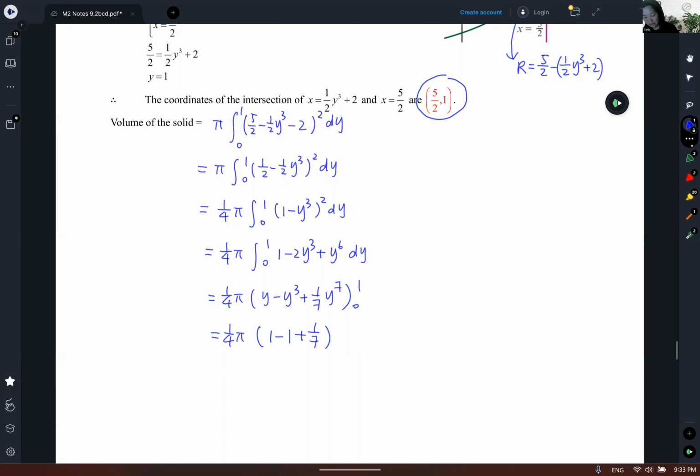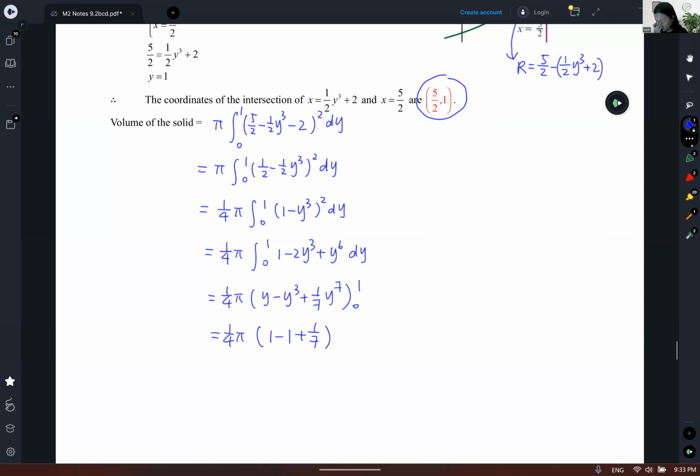Why is the answer wrong? From the bottom to the top, and each piece is pi r squared dy, no problem. 1 over 2 minus, no problem.